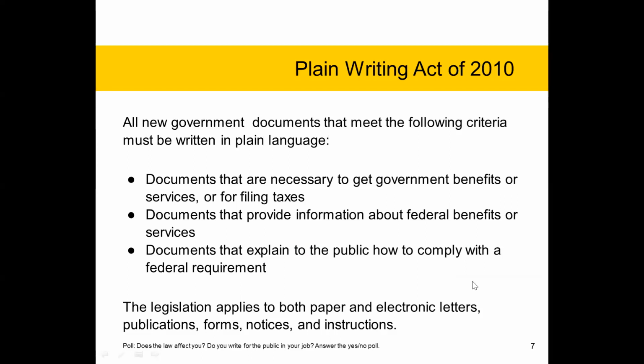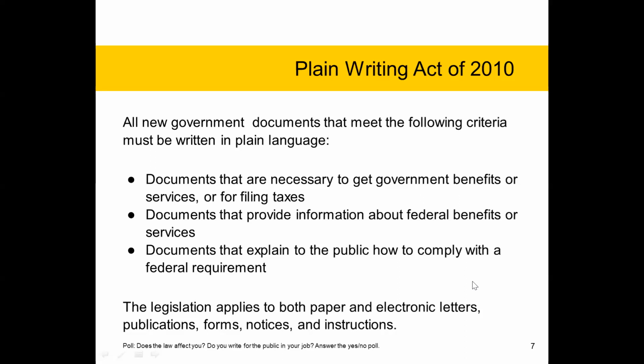For the Plain Writing Act of 2010, it says that all new government documents that meet the following criteria: documents that are necessary to get government benefits or services or for filing taxes. So that's IRS, that's Social Security, that's Medicare, Medicaid.